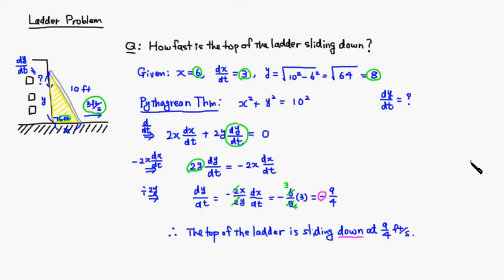That's the answer. The top of the ladder is sliding down at the rate of 9/4 feet per second. That's it. I hope that this was clear.